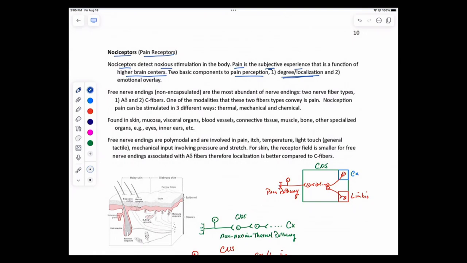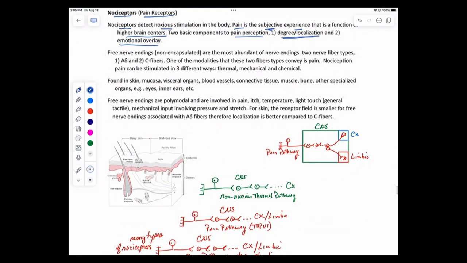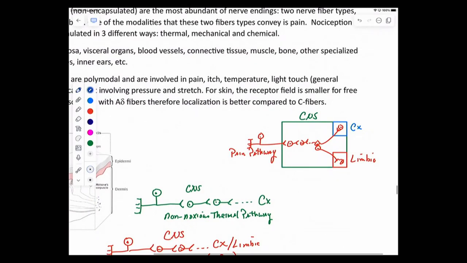The other component of pain perception has to do with the emotional overlay involved. So best illustrated with this little diagram here. If I were to have some type of pain stimulation, my primary sensory neuron is going to be having action potentials, and it's going to be connecting to a secondary sensory neuron in the CNS.